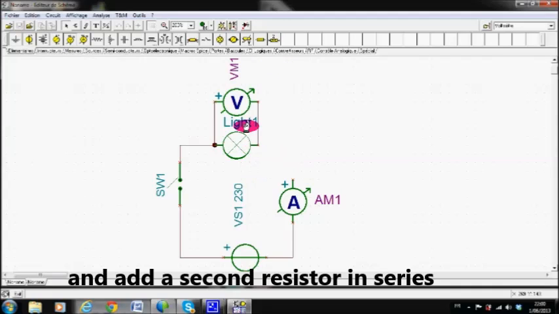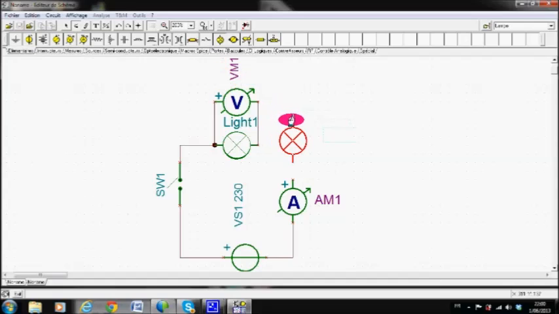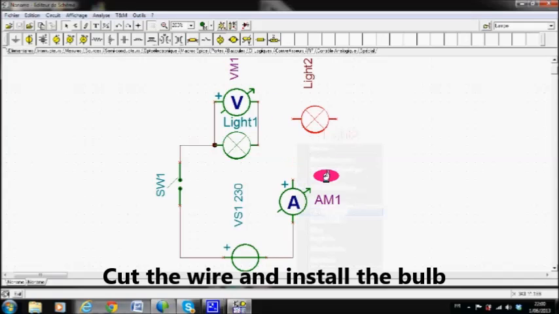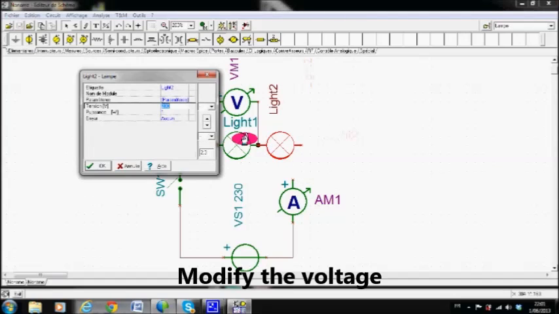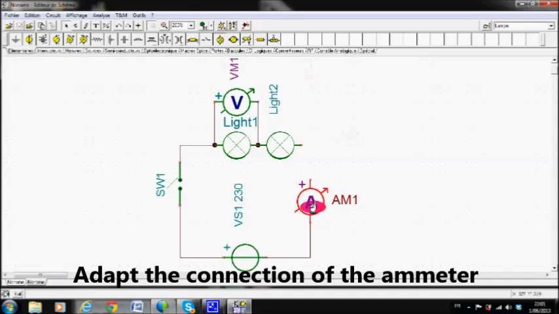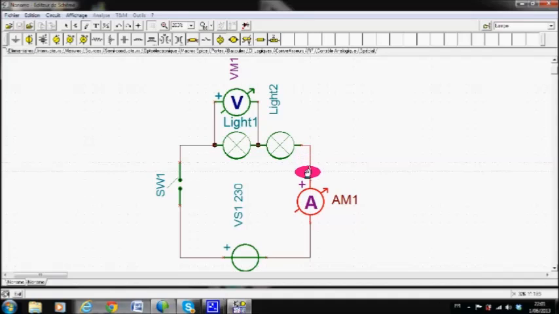So I cut this part of the circuit, and then I bring another light, and I turn it. This one must have the same voltage, 230 volts. This is okay for me. And now I'm going to connect my circuit from here.